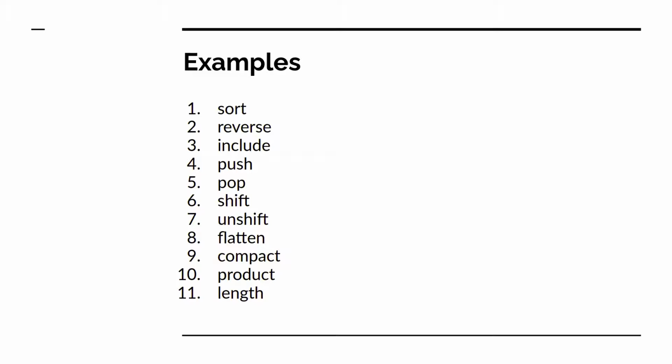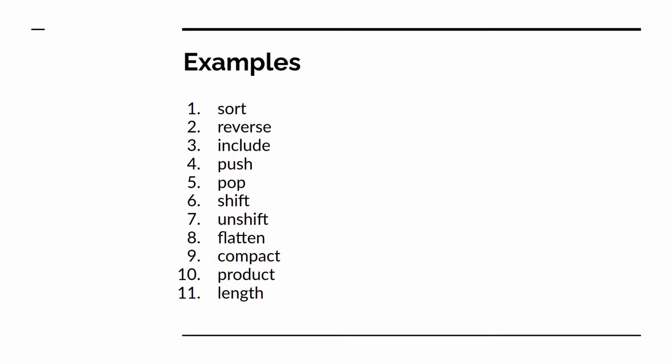And unshift is used for inserting an element into the array but at the beginning of the array. So whenever you insert an element using the unshift method, then that element will be found at the 0th index of the array.